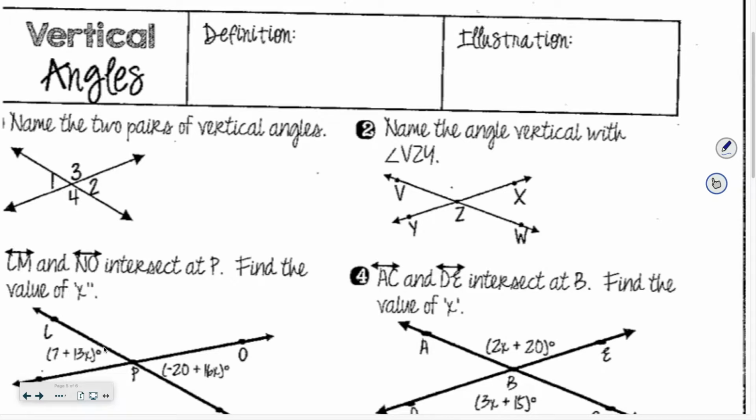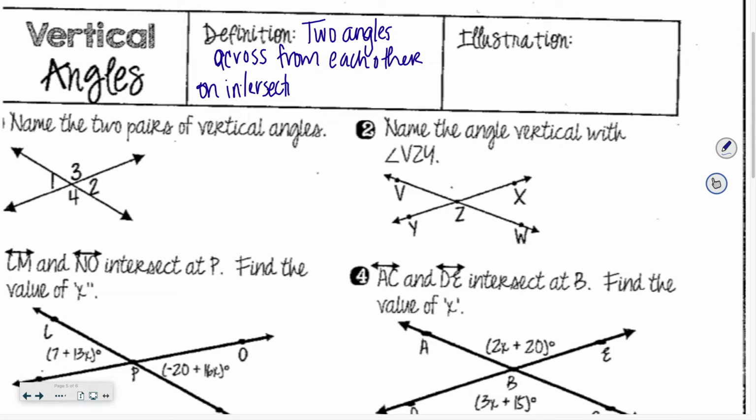Vertical angles are going to be 2 angles that are across from each other on intersecting lines.